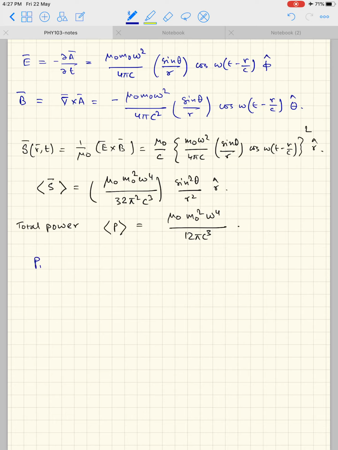So P magnetic by P electric is equal to m naught by p naught c, the whole squared. Of course, remember m naught is pi b squared I naught, and p naught is q naught d.